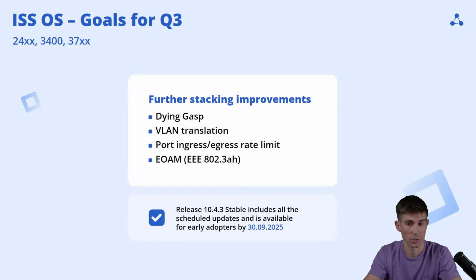VLAN translation and port rate limiting are also features I'd like to mention. It's a QoS, quality of service, type of feature that basically caps the amount of traffic a switch port would send or receive, limiting the amount of ingress or egress traffic.